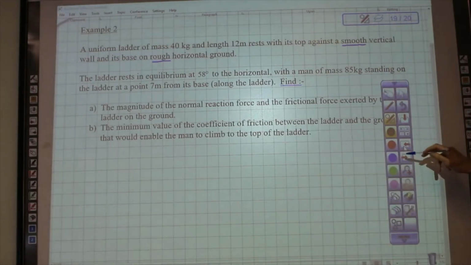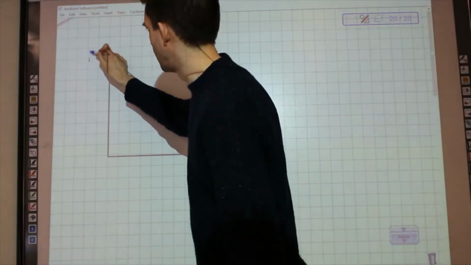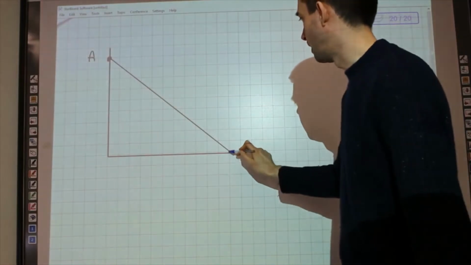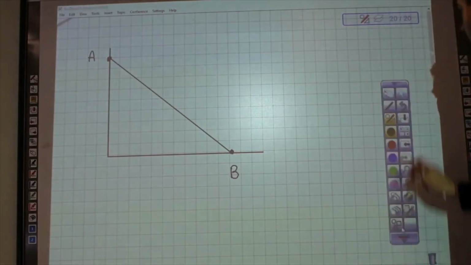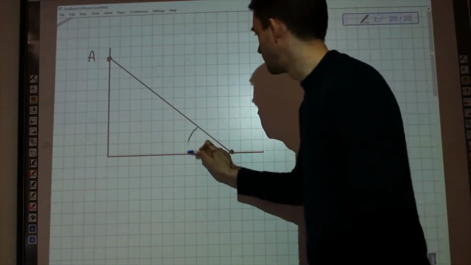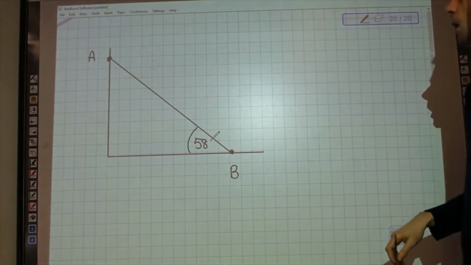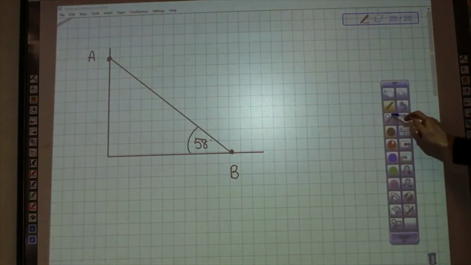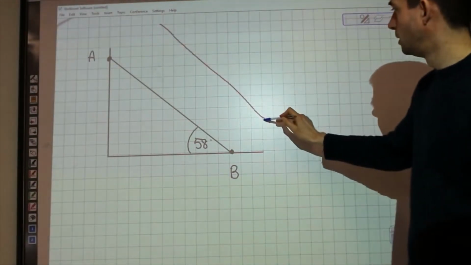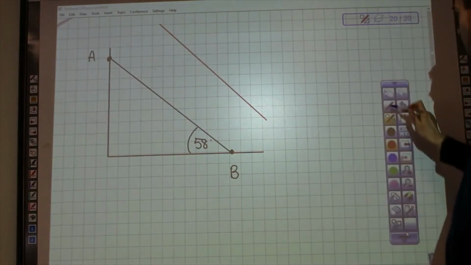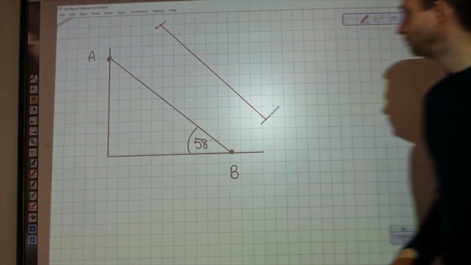We'll call those A and B. We were told that the angle of inclination was 58 degrees. We were told that the overall length of the ladder was 12 metres, so let's draw this line here that's the same length as the ladder. I'm going to partition it into the different lengths that we've got.